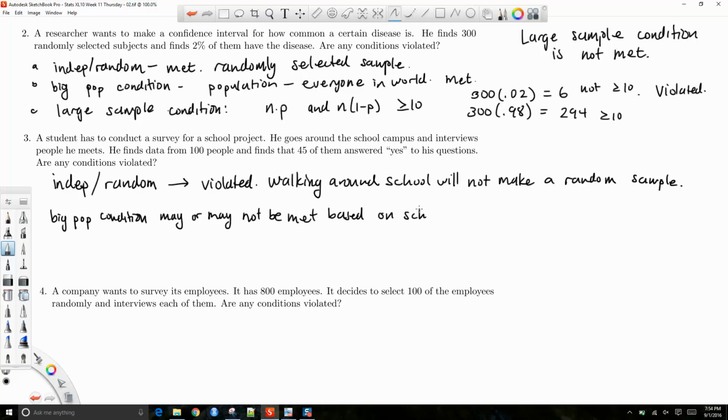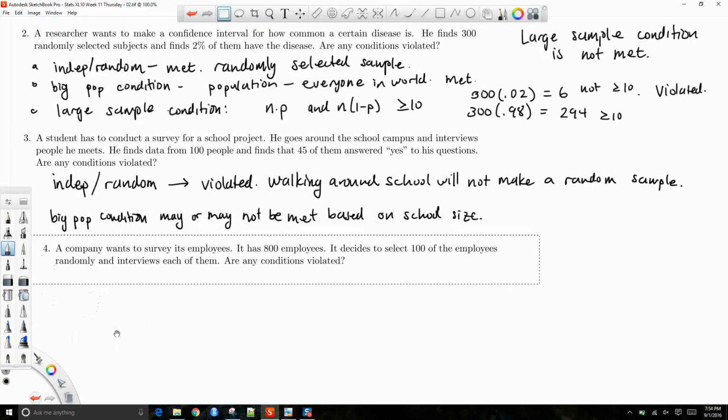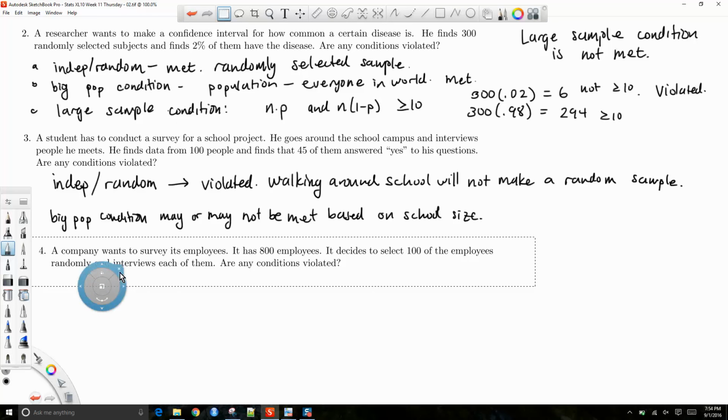But when we're given the school size, we can't prove or disprove it, right? And this is true: if the independent condition or the random condition is violated, then the other two conditions don't really matter. It doesn't matter if your population is big or small, or if your sample is big or small.